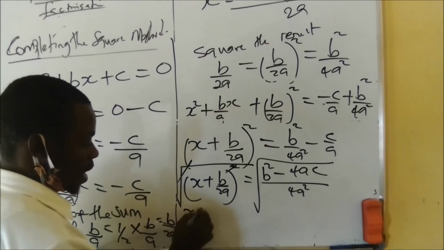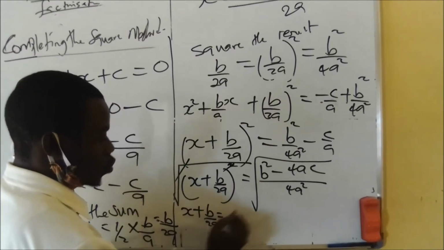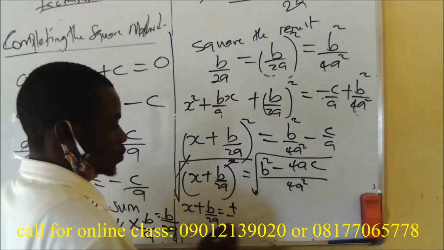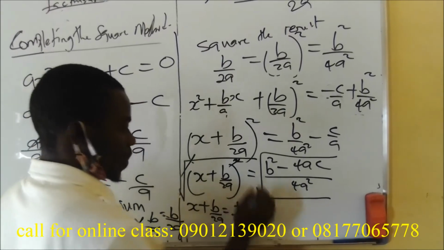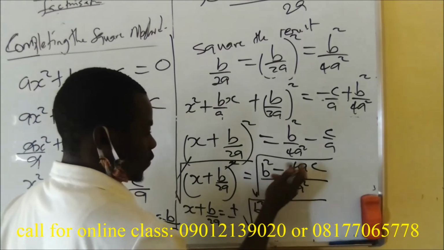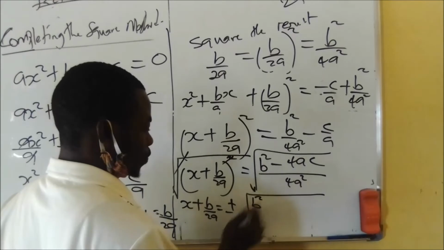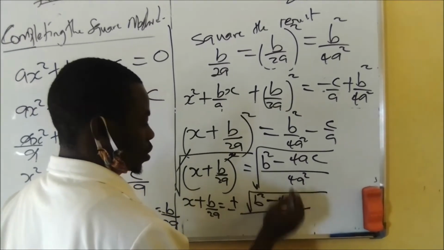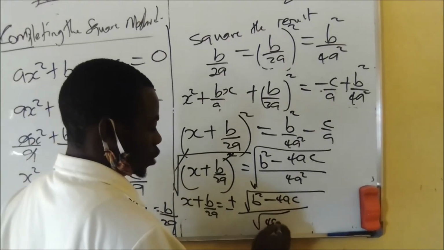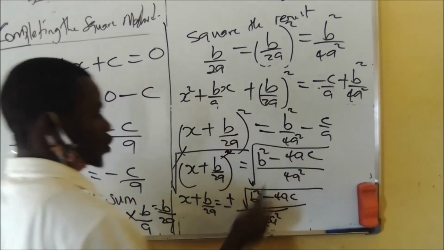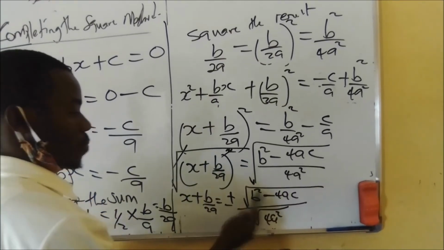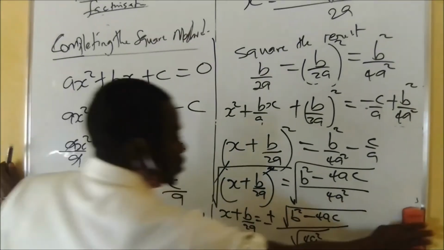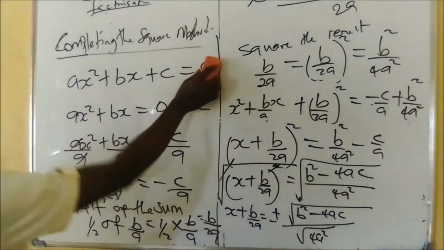At the end, you have x plus b all over 2a equal to plus or minus, because anytime you take the square root you always put plus or minus, the square root of b squared minus 4ac all over the square root of 4a squared. Here I split the square root, giving it to the numerator and to the denominator.